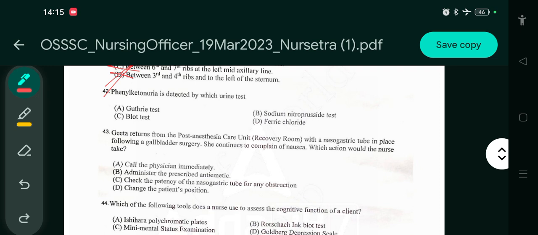So here the correct answer is option D, ferric chloride test.